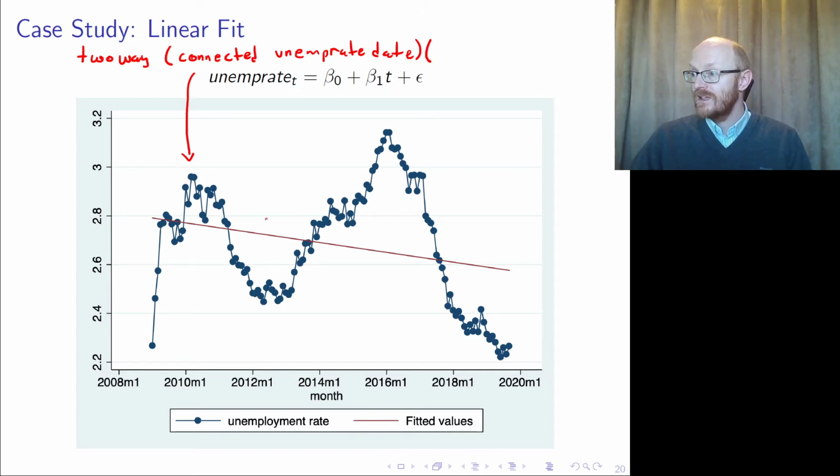But we also add the line here, and we don't need a separate regression for this. It's easier to just write lfit, unemployment rate and date, like such.